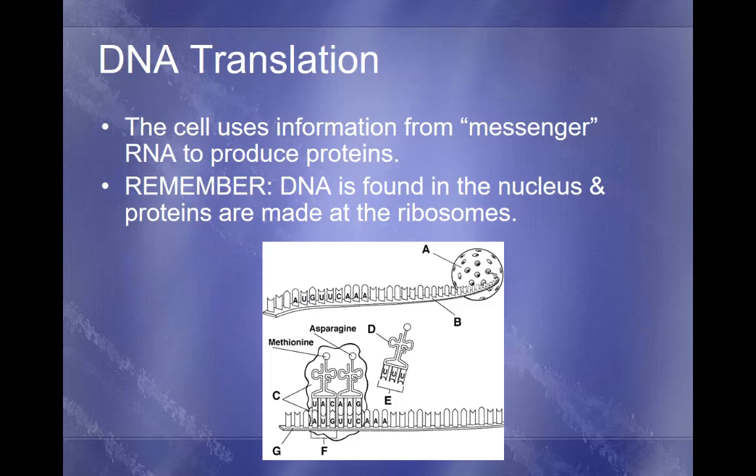C then is going to be the ribosome. And at this point, you're going to see that at C, the mRNA, which is G, is going to match up with a tRNA represented by D. At the top of D, you see that little circle, which represents the amino acid that is being brought in for that particular part of translation.